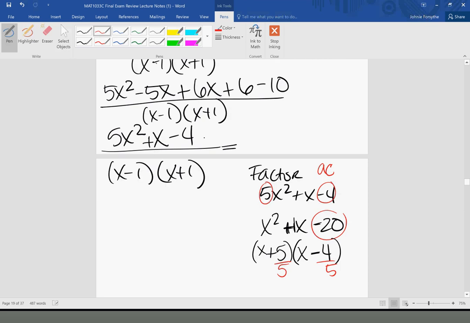You simplify where possible. So for example here, 5 over 5 is a 1. So I'm going to have x plus 1. And over here, 4 over 5 can't simplify further, so I'm going to slide that up here. So I have 5x minus 4.